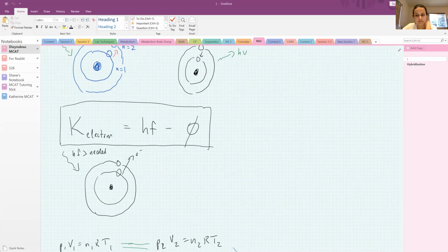The next one is: which alcohol will undergo substitution by an SN1 mechanism in acidic conditions? I don't really remember any of the orgo stuff, but let's look at what is the same and what's different.